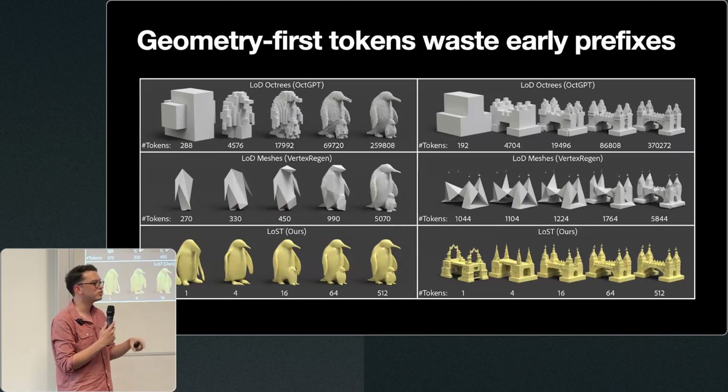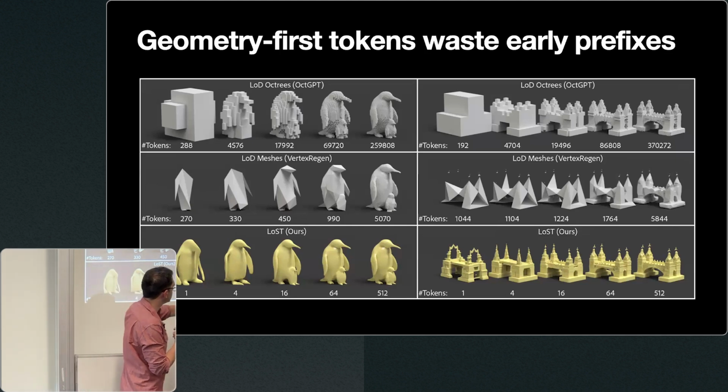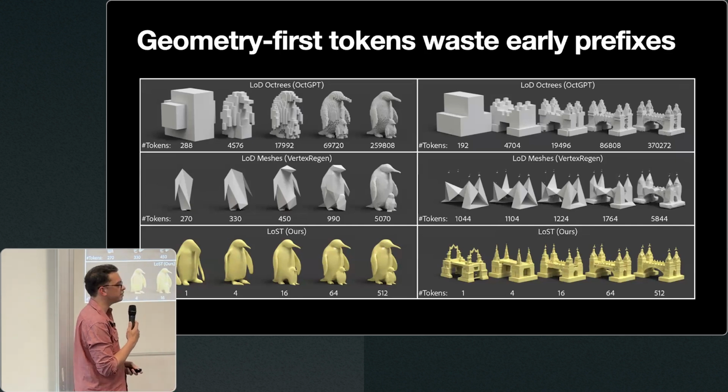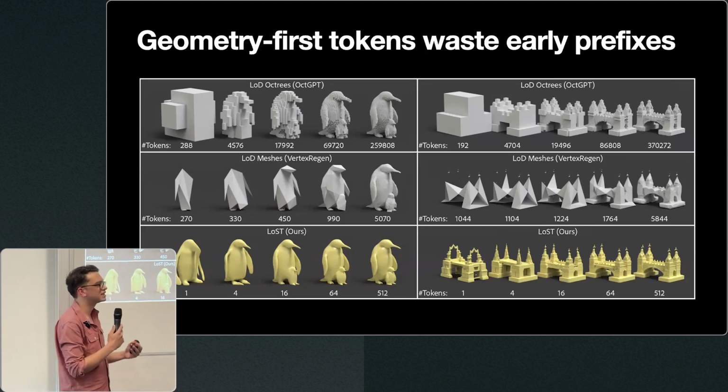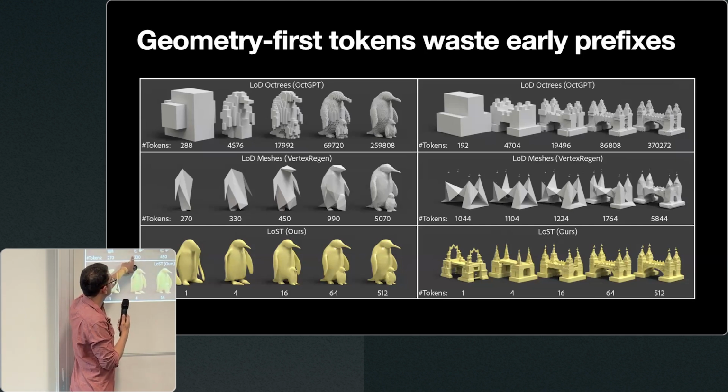I'll point you to a very interesting use case where there is an adult penguin, and along with it, a baby penguin. If you want to generate both of these penguins together, but you have a single token as your entire budget for generating that shape, it might actually be better to generate a complete single penguin, rather than trying to get two and making something completely unrecognizable.